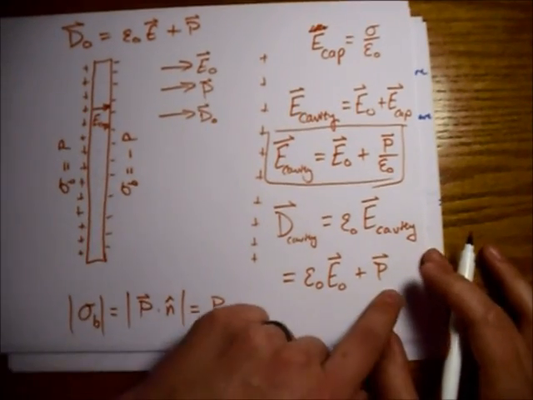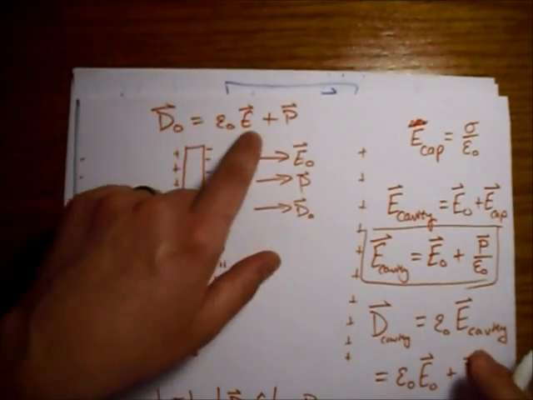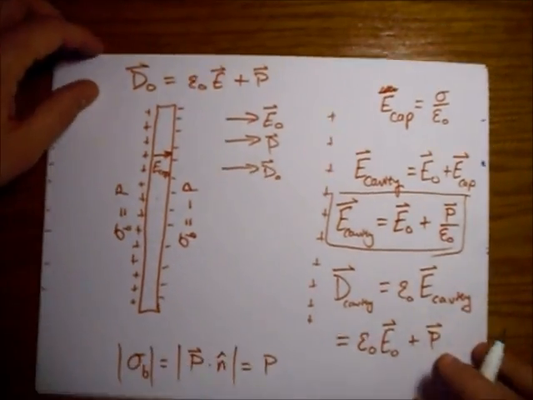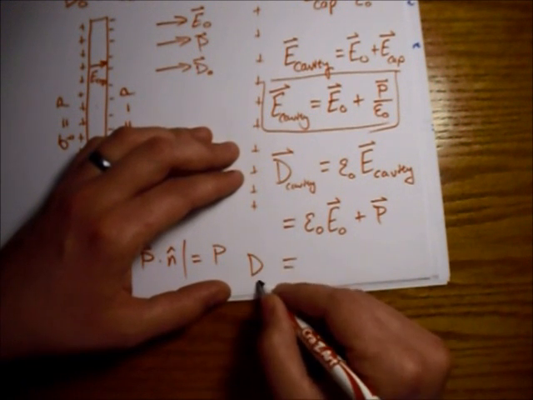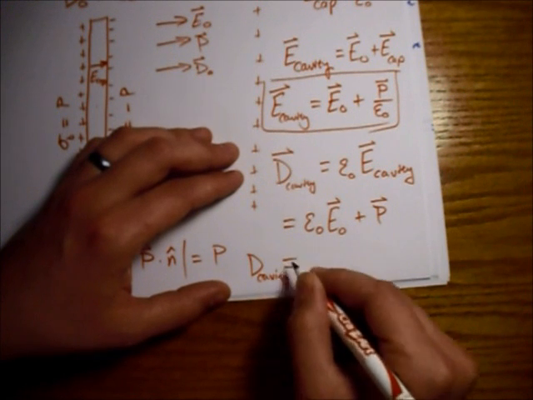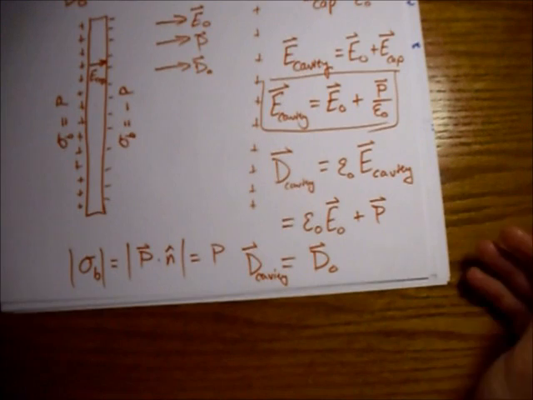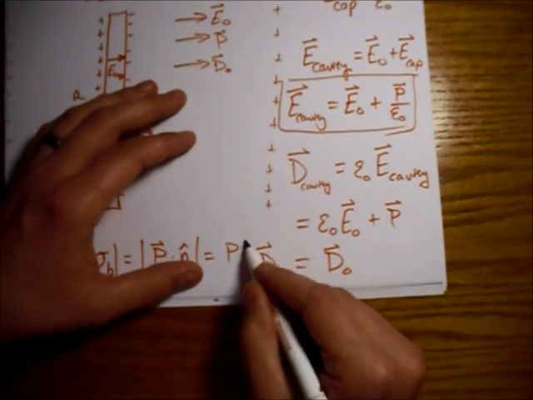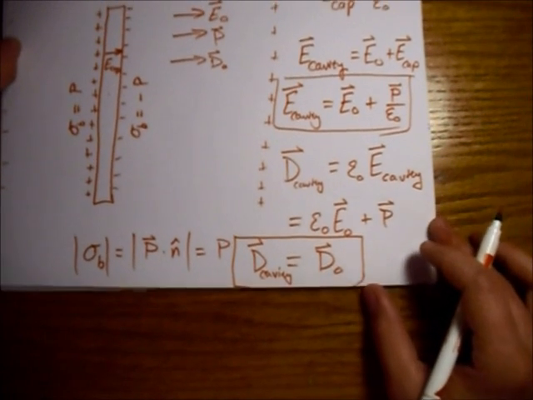And lo and behold, this is the very definition of our original electric displacement. So we see that in this case, the electric displacement of the cavity is actually just equal to the electric displacement outside. So there's the last piece of this problem.